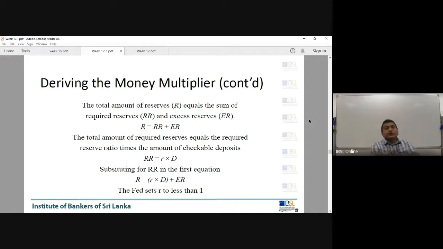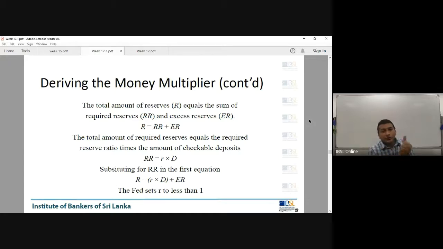Right? So then you see here the total amount of required reserves. You already know, we defined in our previous slides, equals nothing but the required reserve ratio times the amount of checkable deposits.